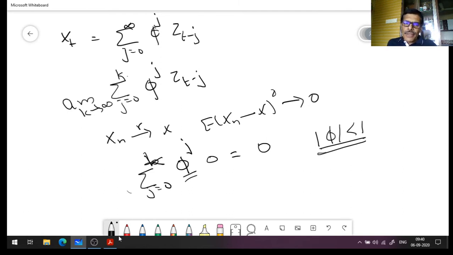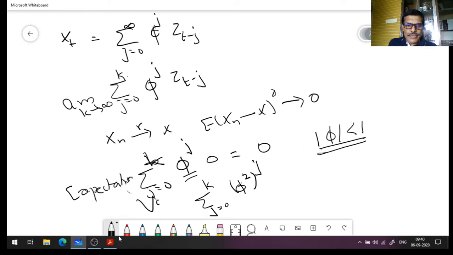Essentially, you also have phi to the power of 2j, which I am writing like this. This is for the expectation, and this is for the variance.